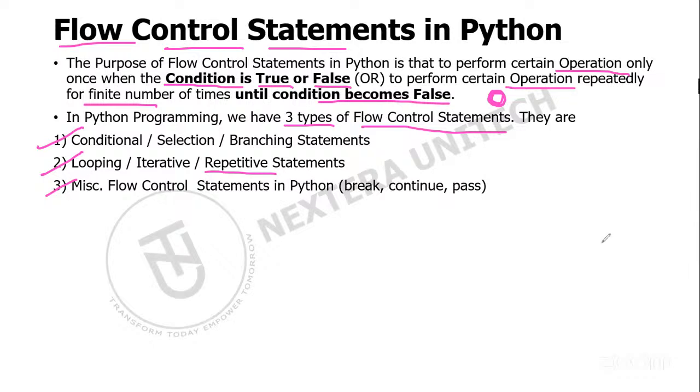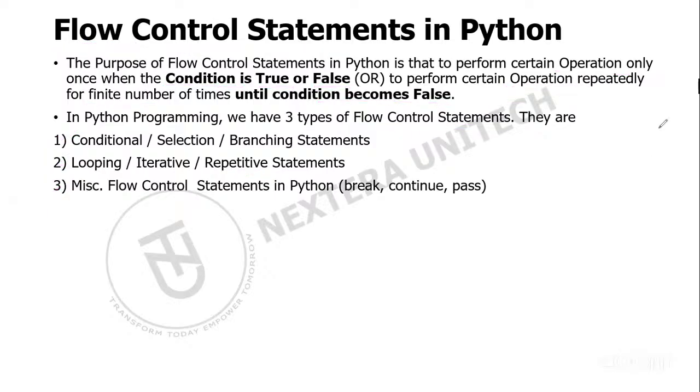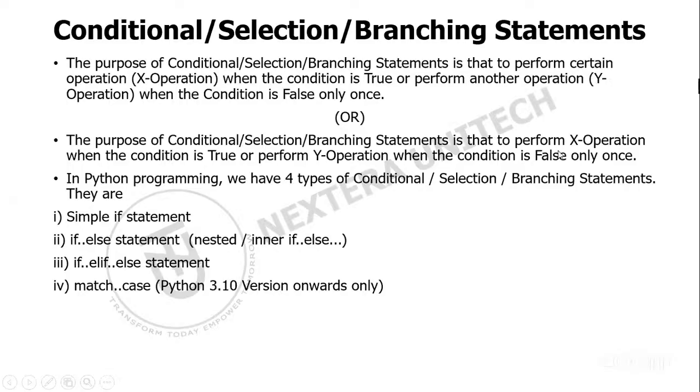Okay, so let me start with conditional statements. What exactly are these conditional statements? The purpose of conditional statements, or branching statements or selection statements, is that they help us to perform a certain operation. An operation will be performed when the condition is true. What if this condition is false?